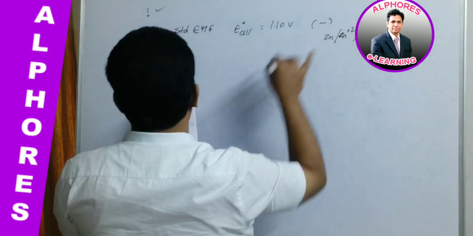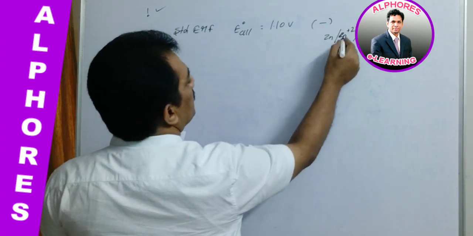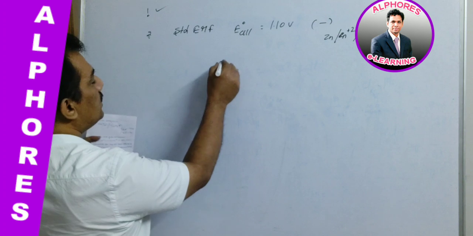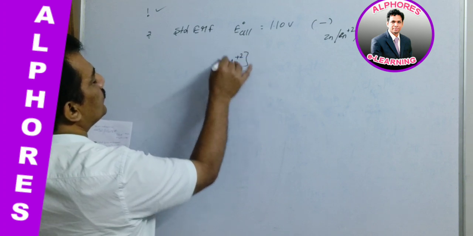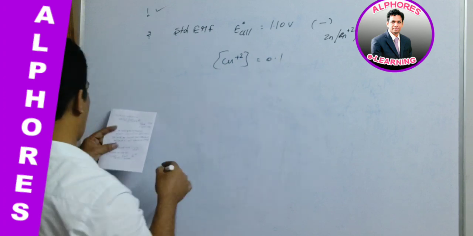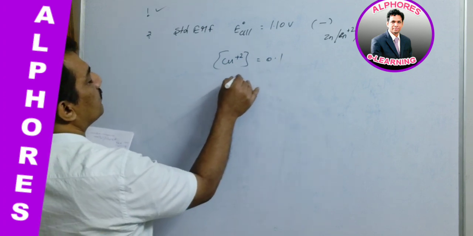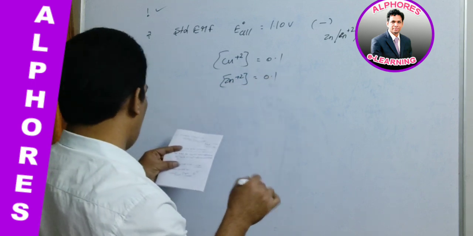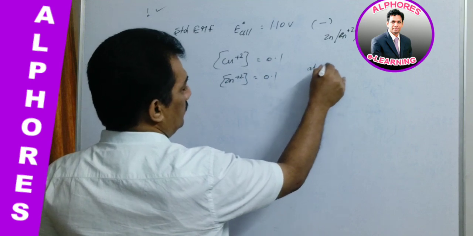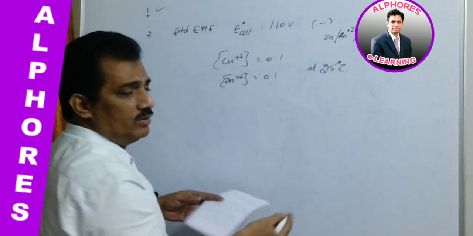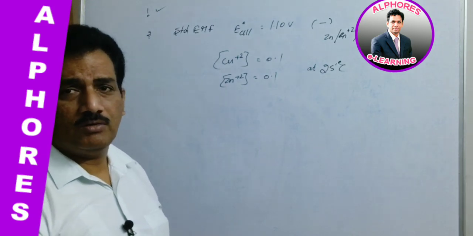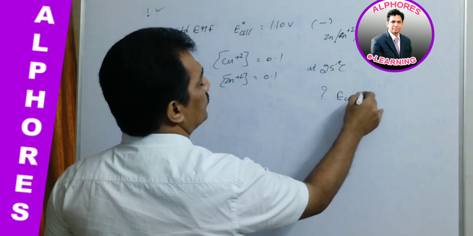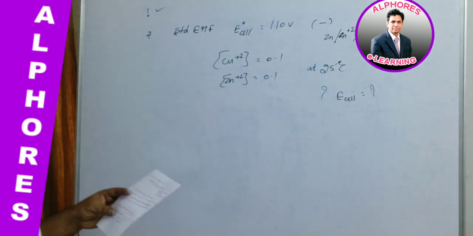In this cell, the standard EMF of the cell is given, and now they are giving the concentration of Cu plus 2 as 0.1, and the concentration of Zn plus 2 is also 0.1. With these two, at 25 degrees centigrade, already we know we always use the Nernst equation only at 25 degrees, how much E cell is observed, that is what they are asking in the second question.